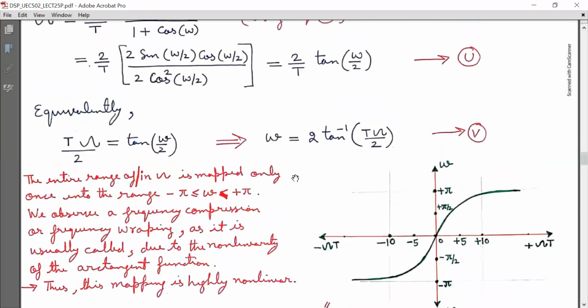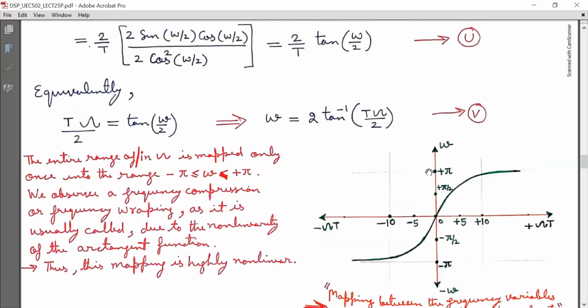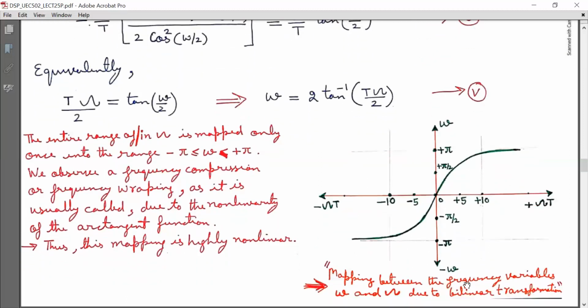So using this formula, equation U and B, if I plot the mapping between the frequency variables small omega and capital omega due to the bilinear transformation, on the y-axis it is small omega, and on the x-axis it is capital omega times capital T. Now this is a highly non-linear mapping as shown in the graph.